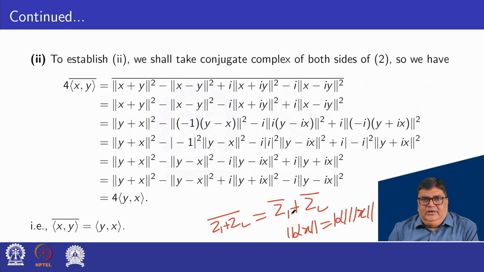As per the definition of the polarization identity, this is 4 into inner product of yx. So 4 and 4 cancel out. So we have the conjugate complex of the inner product of xy equal to inner product of yx. Second, established.